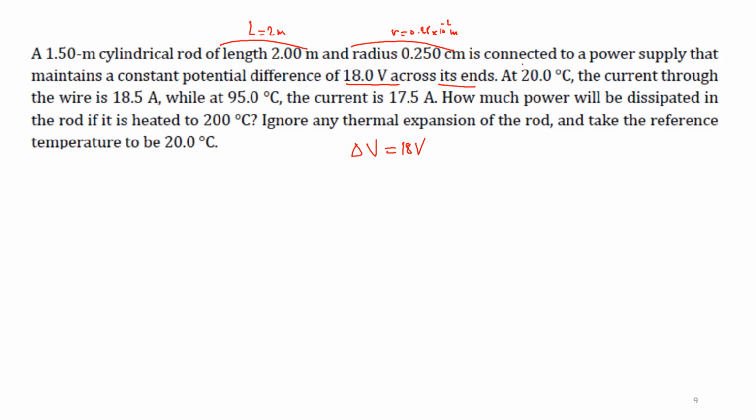Great. So at 20 degrees Celsius, the current through the wire is this. Let me write that down. At 20 degrees Celsius, the current I20 is 18.5 amp. At 95 degrees Celsius, the current I95 is 17.5 amp.